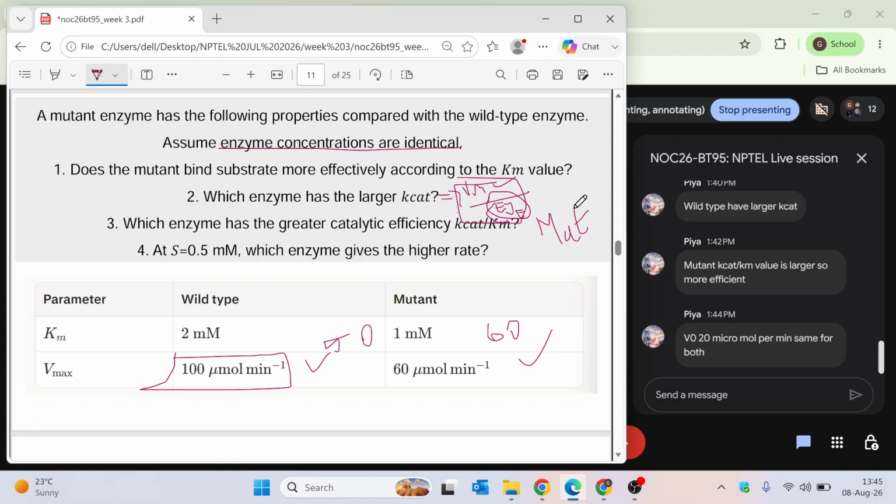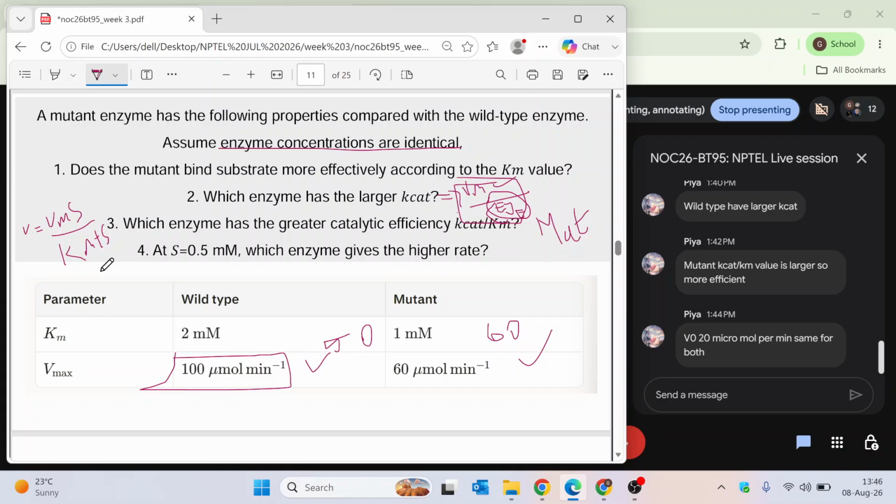And similarly, when you talk about the final question, where they have given that the substrate concentration is 0.5 millimoles. So again put it in the normal Michaelis-Menten equation. V is equal to Vmax S by Km plus S. Based on your Vmax and Km value, if you have solved for it, you would know that your rate is going to be 20 micromoles per minute for both the enzymes.